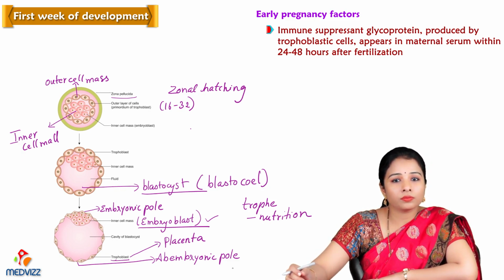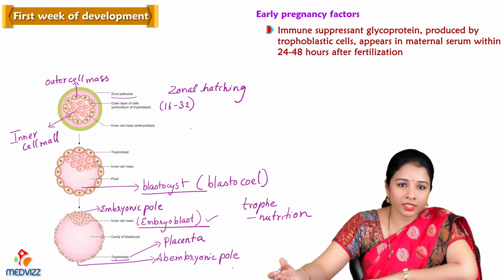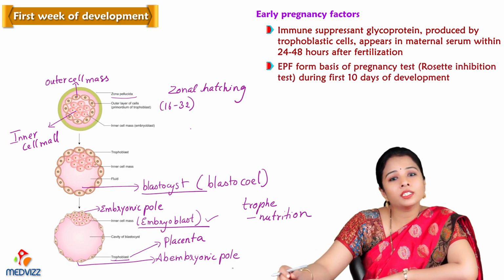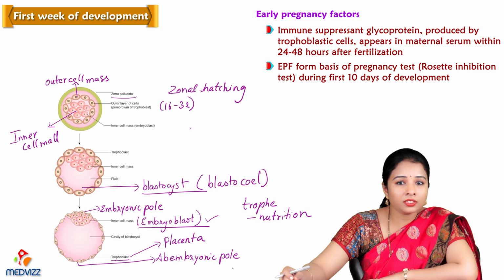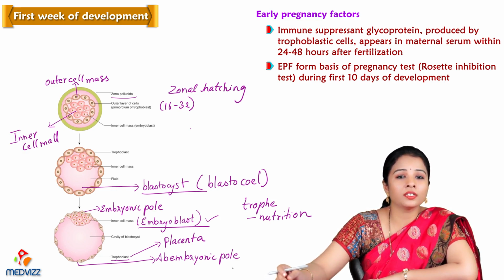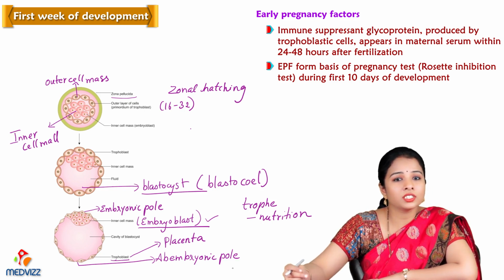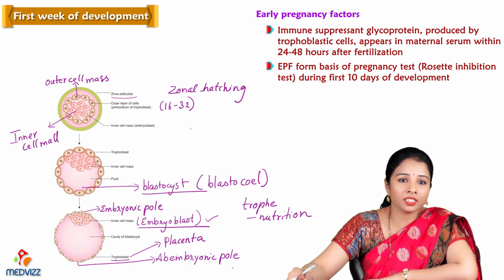And when we do a blood test, we can check for the immunosuppressant glycoprotein to check pregnancy. Early pregnancy factor forms the basis of the pregnancy test called the Rosette inhibition test. So during the first 10 days of development, we can check whether the woman is pregnant or not with this early pregnancy factor, that is, the immunosuppressant glycoprotein which appears in maternal serum.